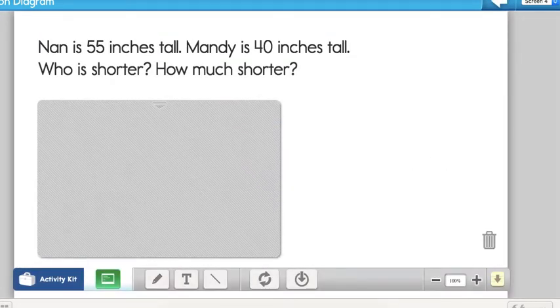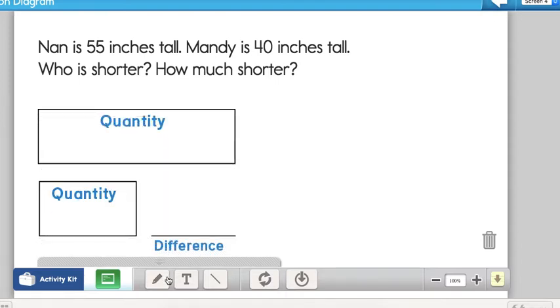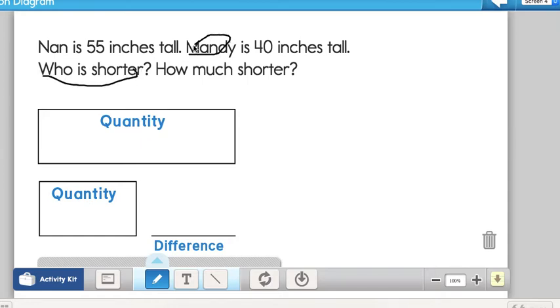Nan is 55 inches tall. Mandy is 40 inches tall. Who is shorter? How much shorter? Well, this is a two-part question. Who is shorter? That's Mandy. And how much shorter? Well, we're going to take the bigger number, 55, put it in my top quantity, then take my smaller number, 40, put it down here.